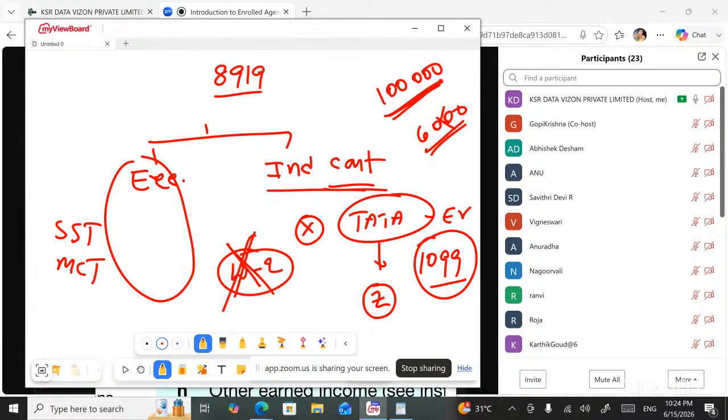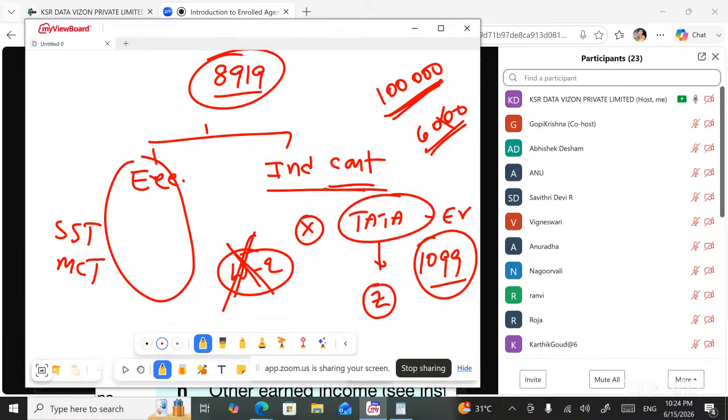Then the IRS department gives one form to Z, and that form number is 8919. If Z is in a position to convince the IRS department that I am an employee, not an outside service provider, and the IRS is convinced, one form is given to Z, form number 8919. It is nothing but the IRS authorizing Z to be treated as an employee.